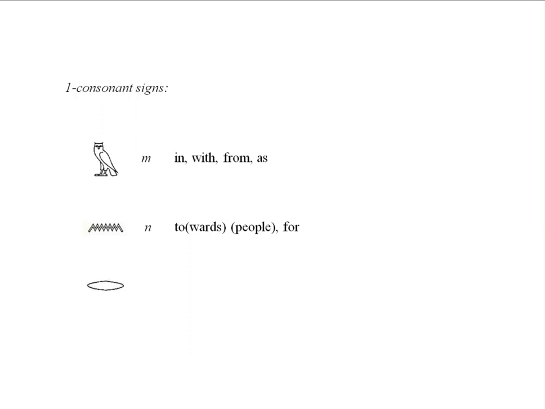The mouth symbol, transliterated as r, which you've seen before, for towards a place, at. This word is transliterated as in, for by. This word is transliterated as ḥnʿ, for with.